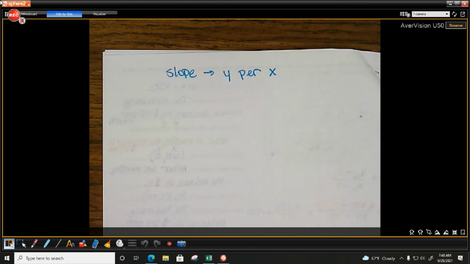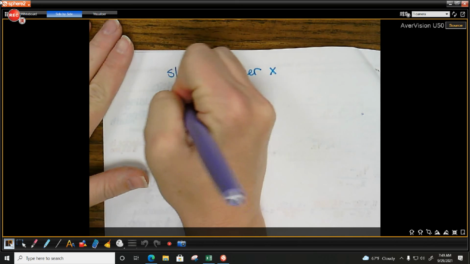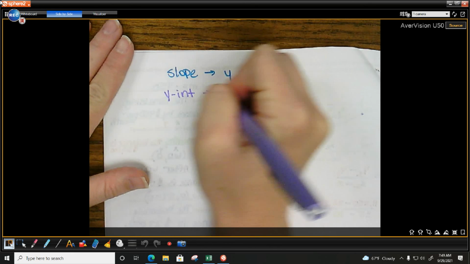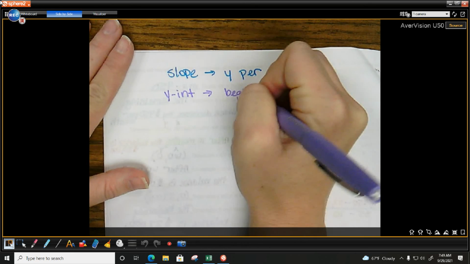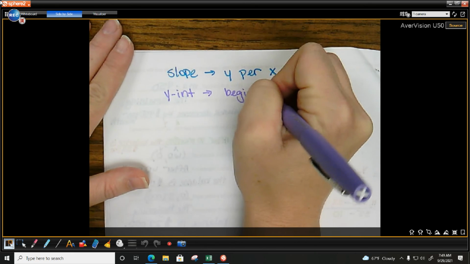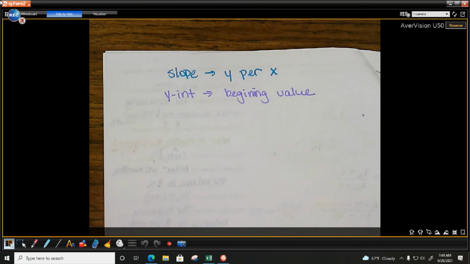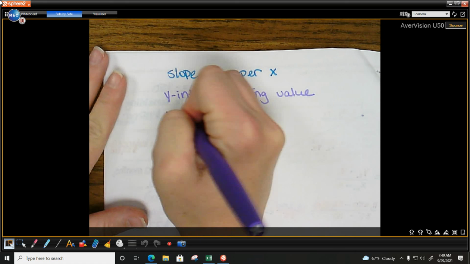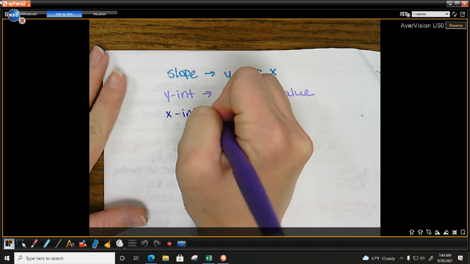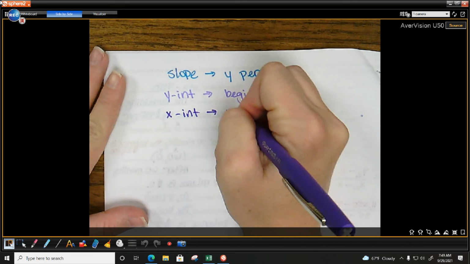Your y-intercept is your beginning value. And the x-intercept is when y is 0.